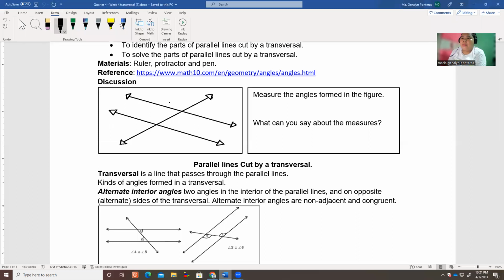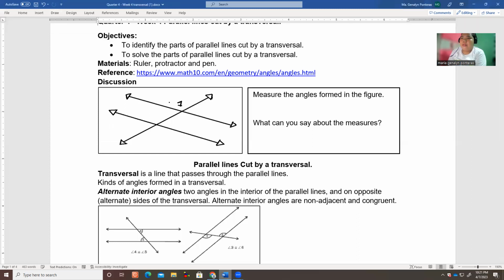So these are the angles: one, two, three, four, five, six, seven, and eight.